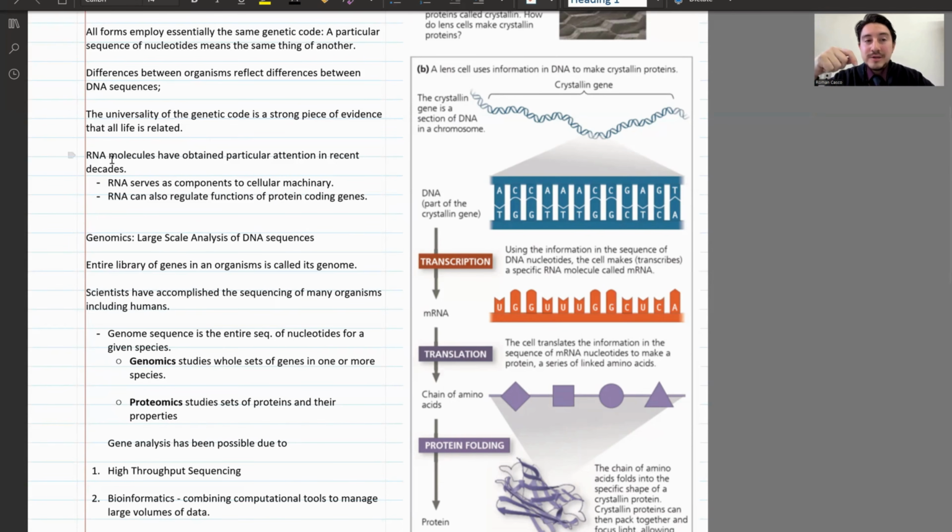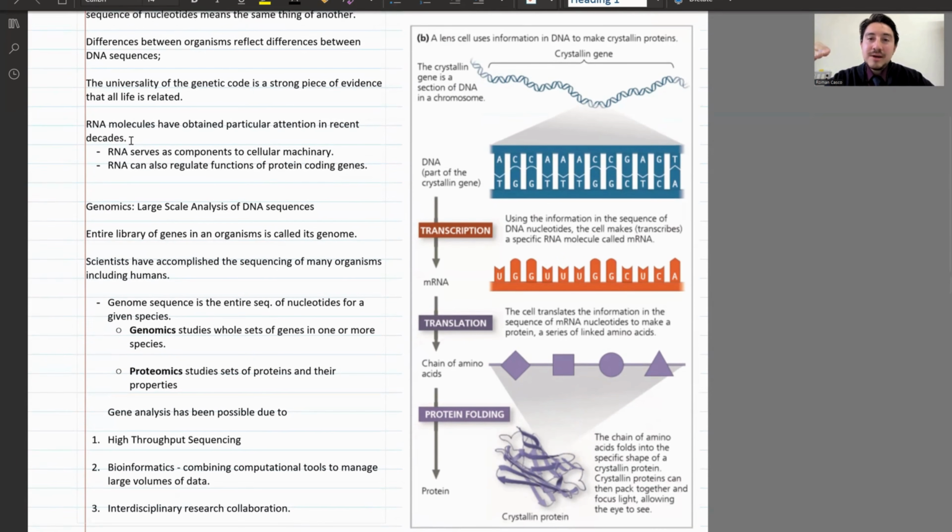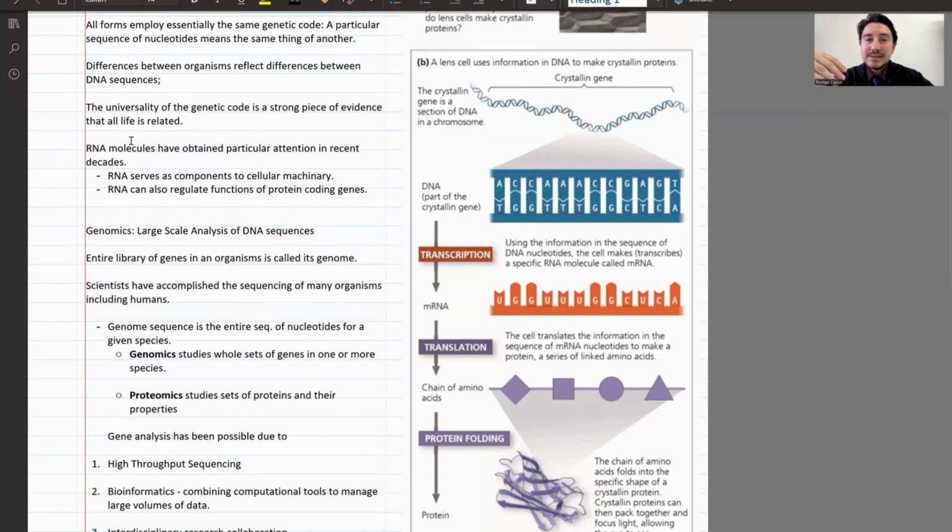This brings me to one of the main themes of biology. The universality of the genetic code is a strong piece of evidence that all life is related. We are all related to each other in one way or another because of the simple fact that we use the same process.